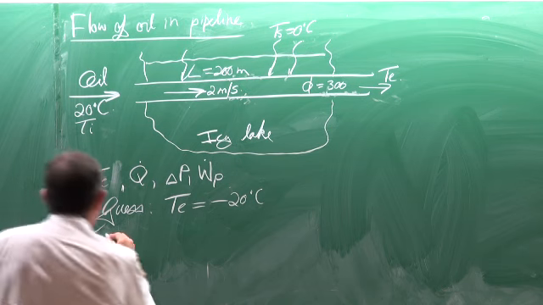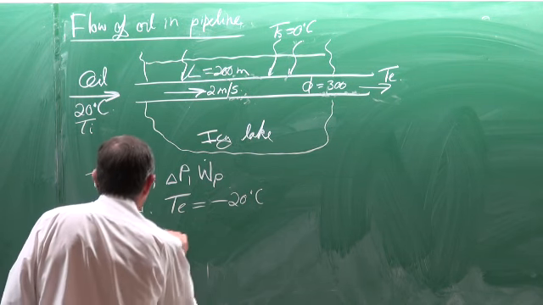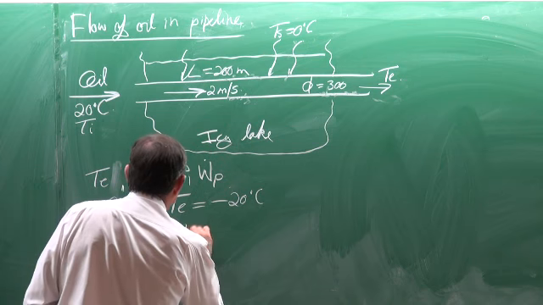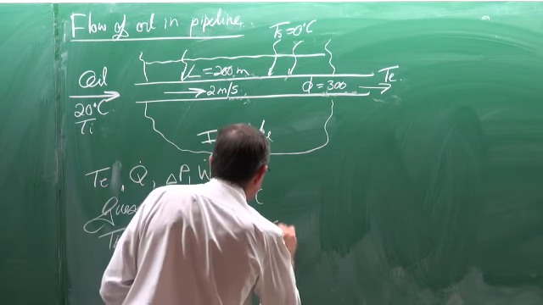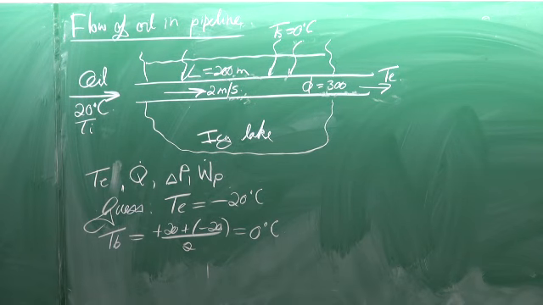Why? Because I want a bulk temperature of 20 plus minus 20 divided by 2, which is 0 degrees Celsius. So just for the fun, let me choose a bulk temperature of 0 degrees Celsius and see what happens. My approach is a little bit different than what is in the textbook.